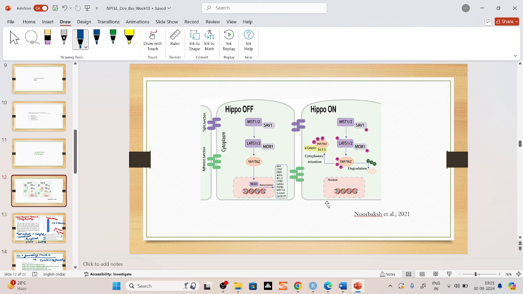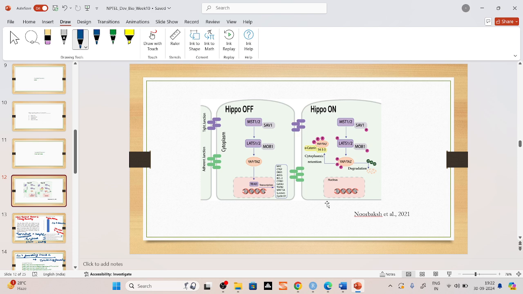What is important here is that generally, when the ligand is absent, the transcription factor cannot go inside the nucleus and transcription is ceased. But here, when the ligand is present, there is no transcription. Transcription happens only when the signaling is off. So it's the opposite which is happening.